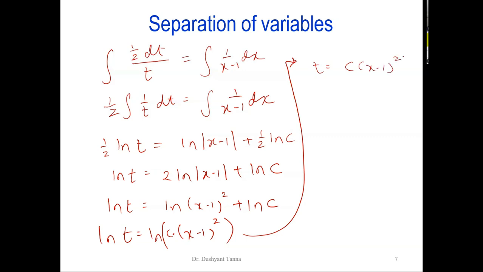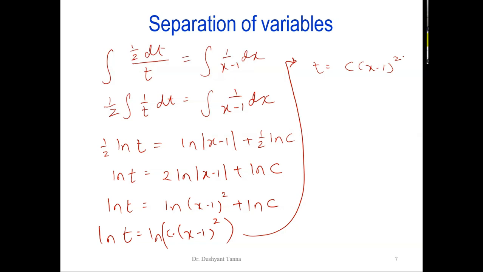Now remember, this is how I say it in common language, so I don't forget, and I think no one should forget. t is a borrowed variable. You assumed it for your convenience. Someone else would have assumed d or z or p or y, or m or n or anything, or alpha, beta, gamma, all the Greek alphabets.